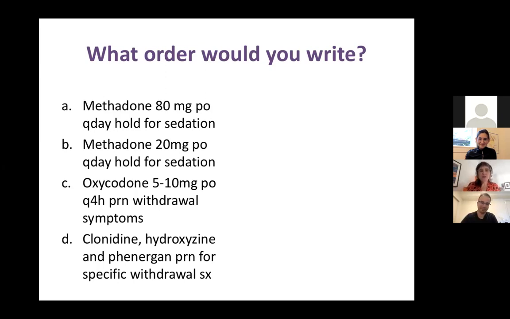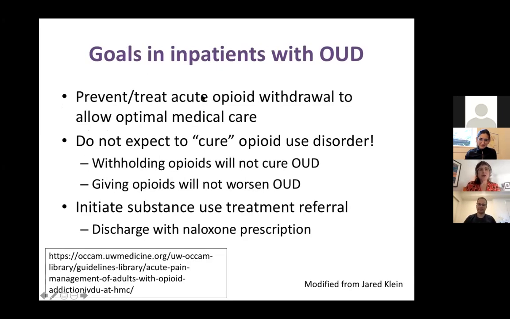And a majority of you did pick the answer that I would pick, which is methadone 20 milligrams daily, hold for sedation. And I'm going to talk about why. So the goal of treatment of opioid use disorder in inpatients is to prevent or treat acute opioid withdrawal in order to allow optimal medical care.